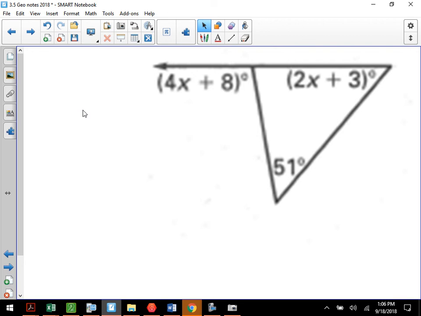As you're going through these, remember that you are working with an exterior angle. The exterior angle always equals the sum of the two it does not touch. So, as you write this out, you should be doing this.